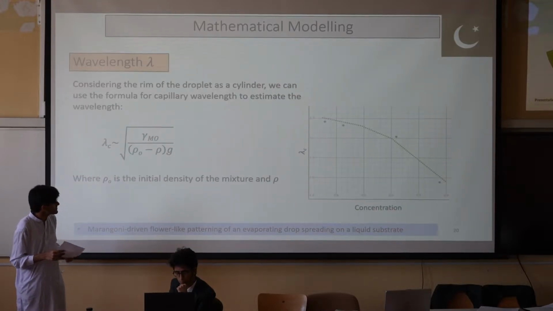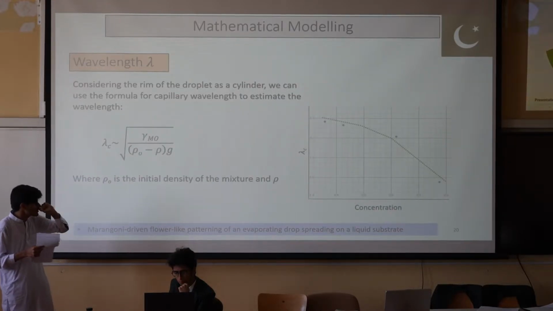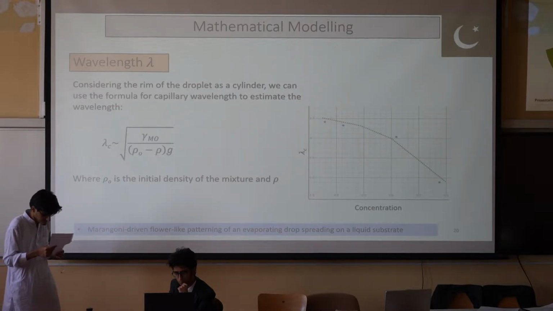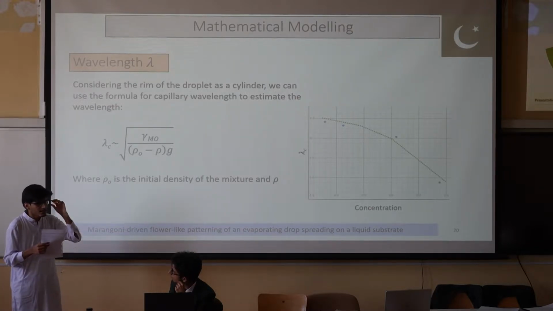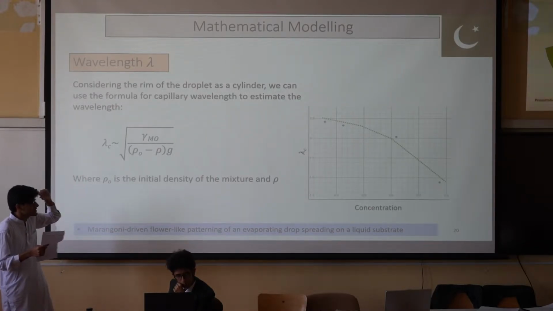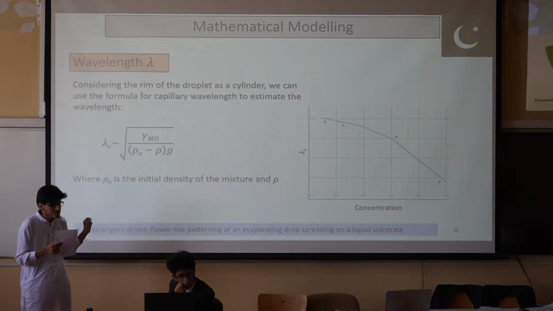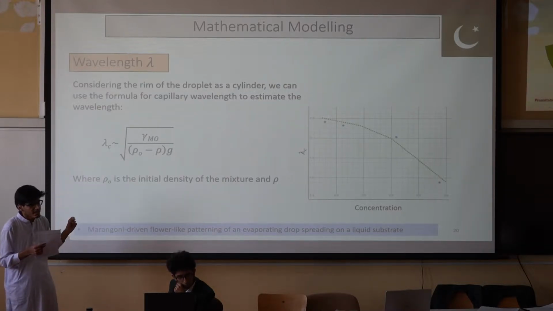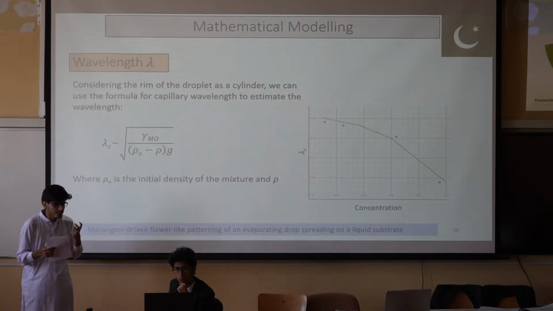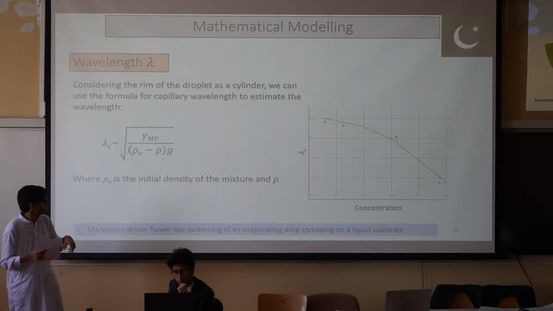Next slide. Okay, so furthermore, something that came into my mind was that if the rim does actually experience gradual instability, then it should have different capillary wavelengths for different perturbations.